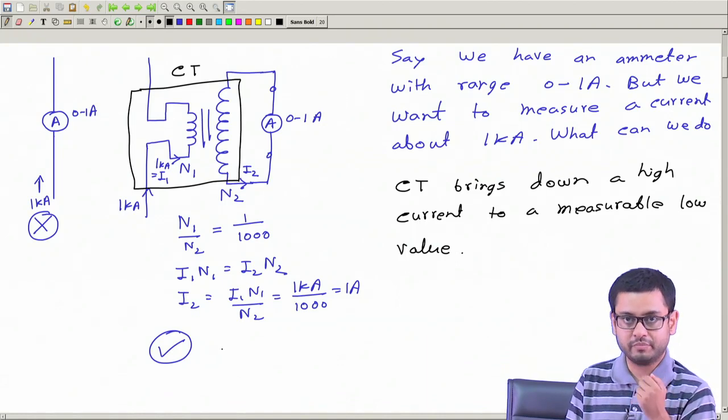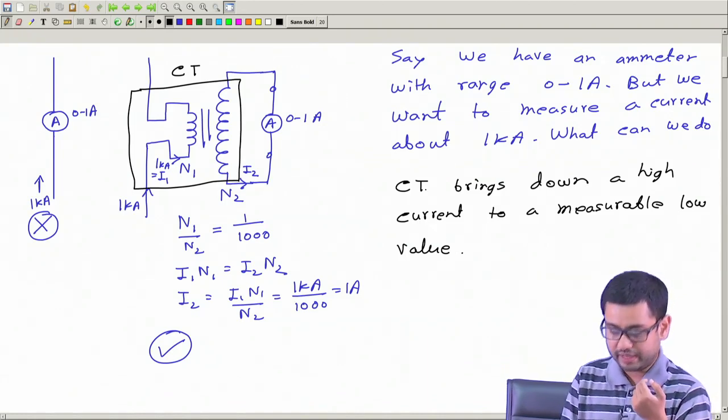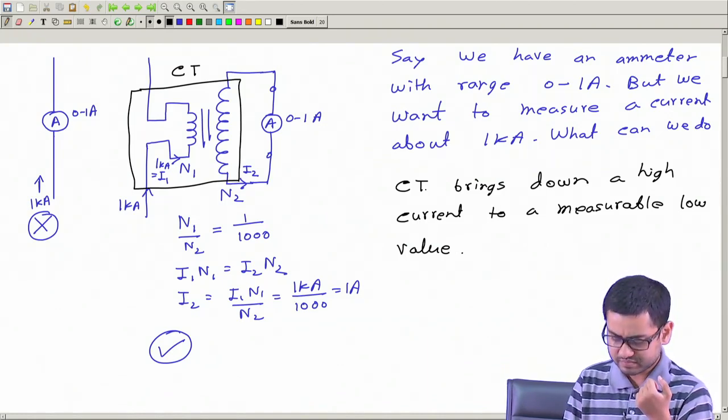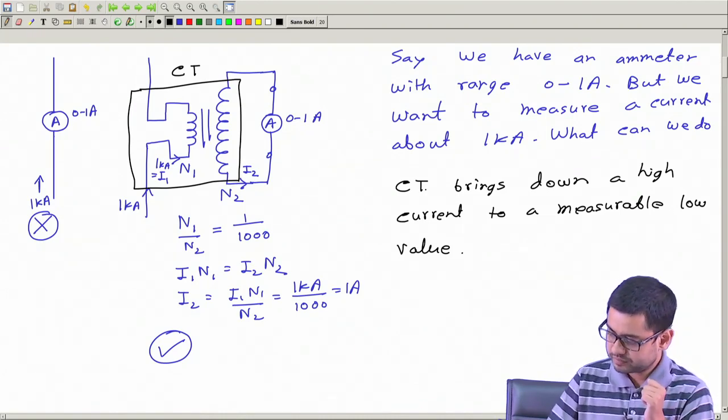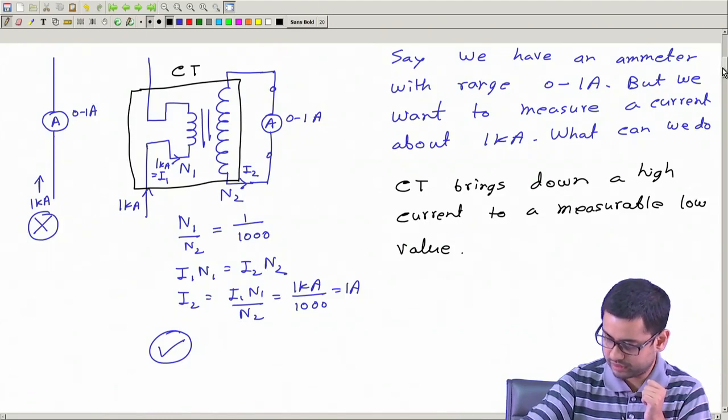That is the main function of the current transformer. Okay. Now, there are other functions as well. We will talk about them soon.